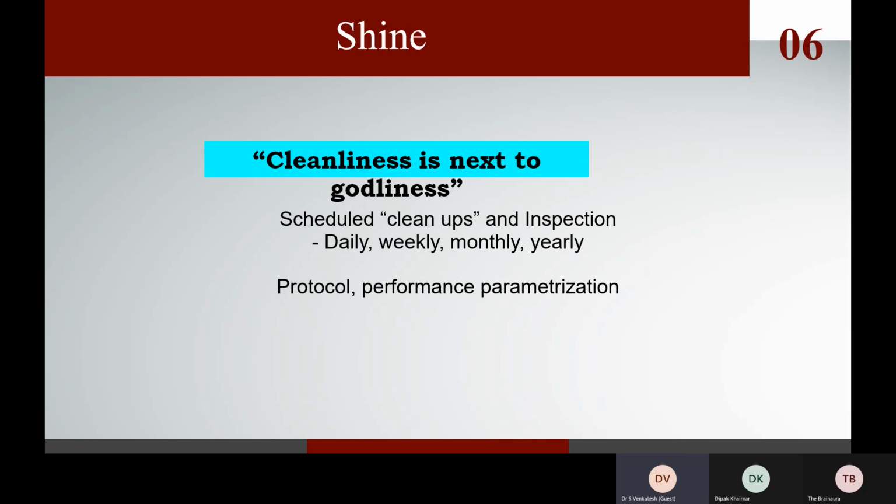So that's what we do in this step. Basically, we develop some protocols for the cleaning schedule and how to clean and what to clean and all those things, and then it is based on the parametric evaluation for the performance.